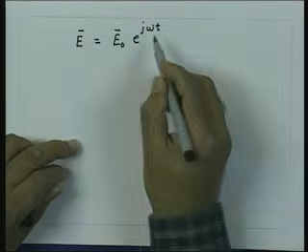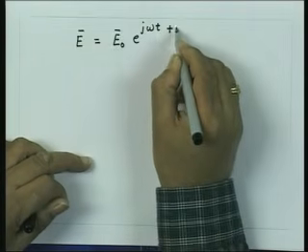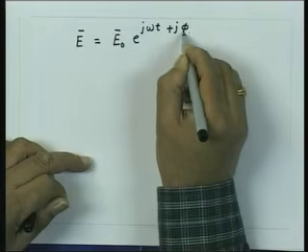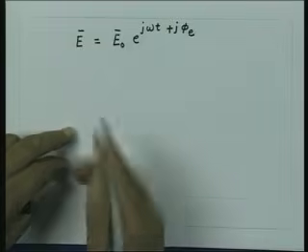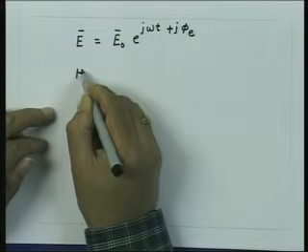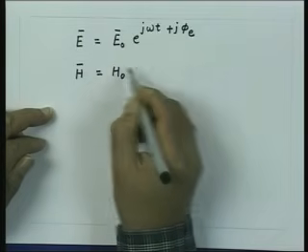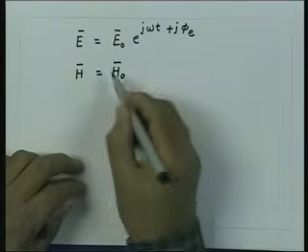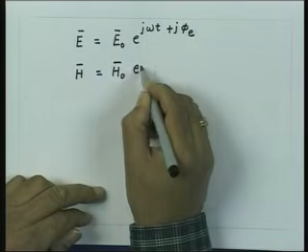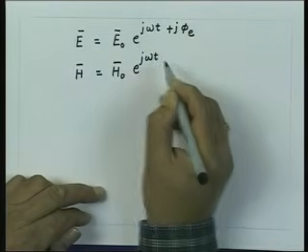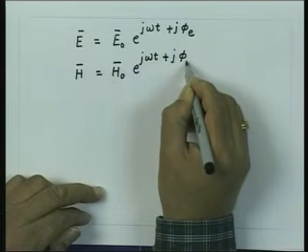Let us say it has some phase, phi e, so this quantity has a phase factor e to the power j phi e. Similarly, I can have a magnetic field H, which is oriented in some other, arbitrary direction, with some magnitude H0, but it has the same frequency, so it is e to the power j omega t, but it may have a different time phase, let us say phi h.